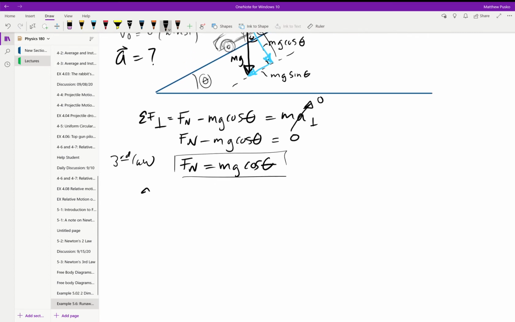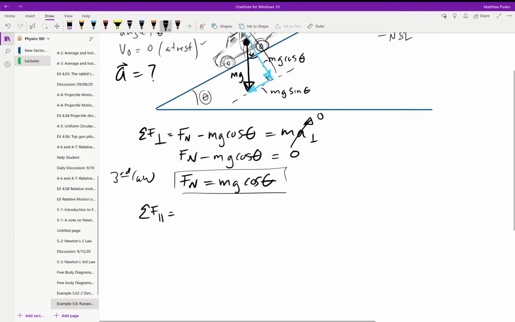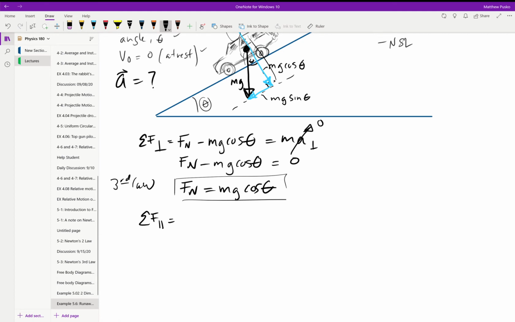Let's sum the forces in the parallel direction. In the parallel direction, I see this one right here. We can call that negative if we want, or we can go ahead and call down the plane positive. I like to call down the plane positive.